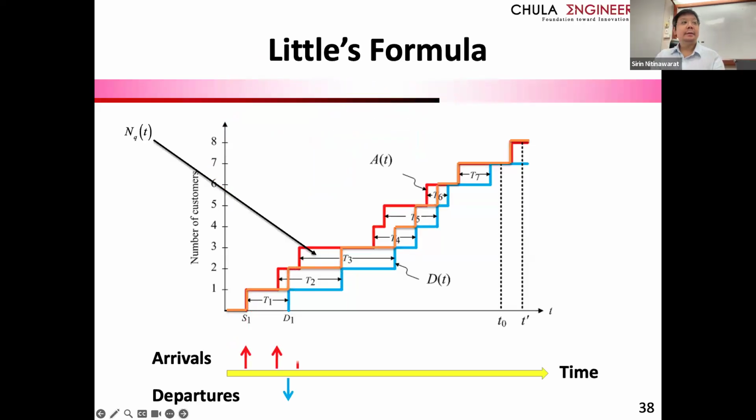When the system is empty again here, it's like you are resetting the system. And as a consequence, the 7th customer, when he comes in, does not have to wait anymore.